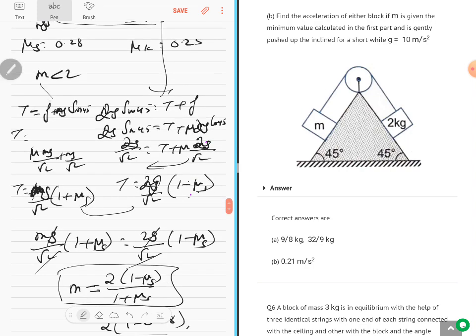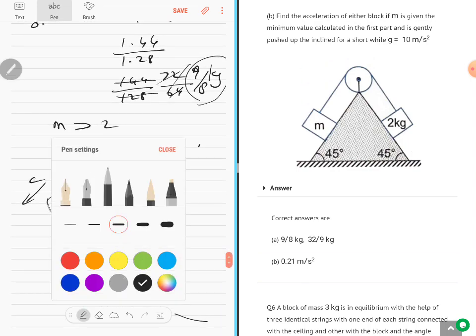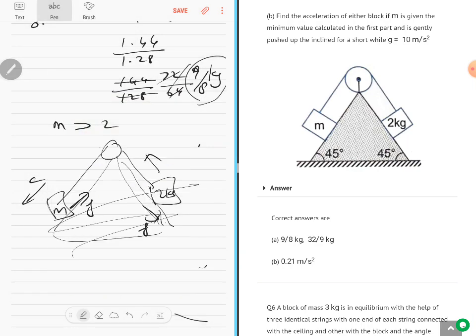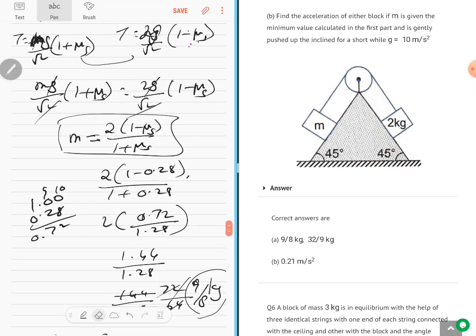So when you write this equation, you should write T is equal to minus F plus mg sine 45. Instead of doing all this, you can directly take the same equation. That's a time saving method. You just have to see that the friction direction is going to change.